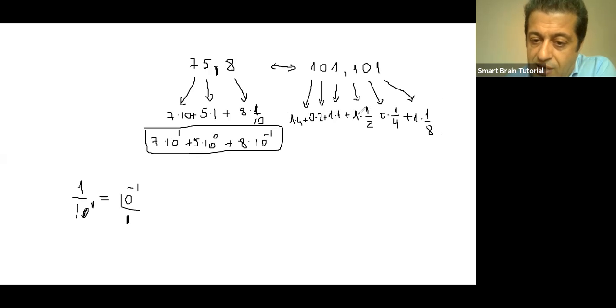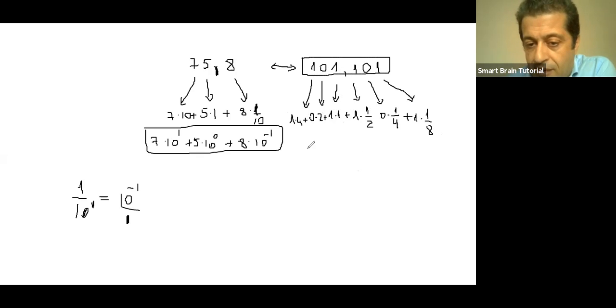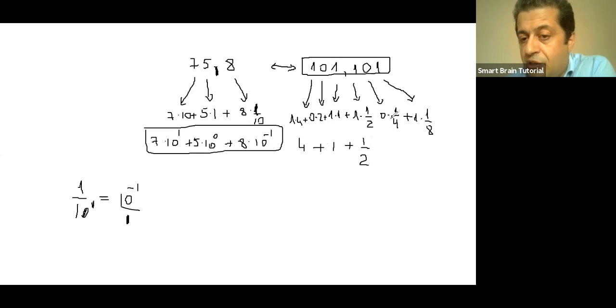So the base 10 number that corresponds to this number written in the base 2 system is 4, I'm not writing 0, but I'm writing 1 here, 4 plus 1 plus 1 over 2. I am not writing 1 over 4 here because the coefficient is 0, but I'm writing 1 over 8.